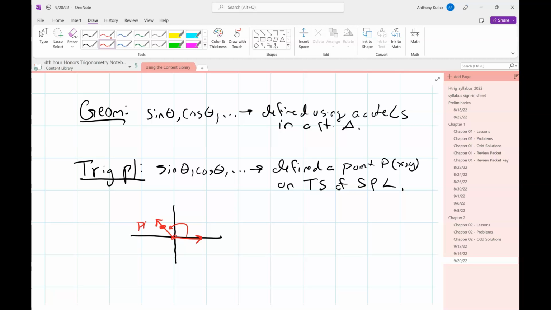So if we pull any point from that vertex, call it (x, y), and we call r the distance from that point to the origin, we said that sine was going to equal y over r, cosine was going to equal x over r, tangent was going to equal y over x, cosecant, no surprise, r over y, secant, r over x, and cotangent, x over y.